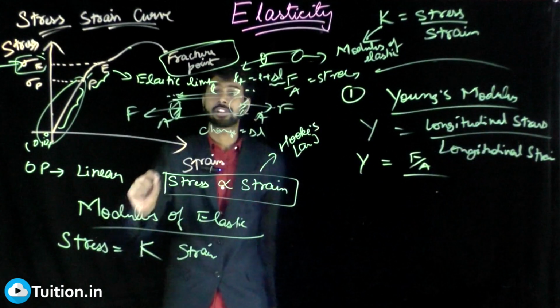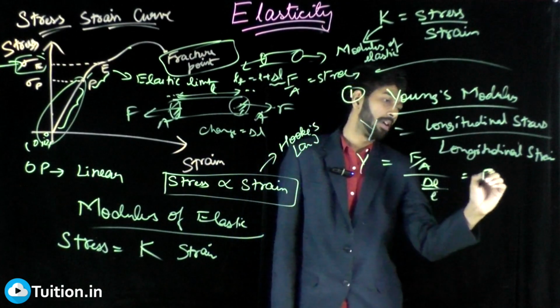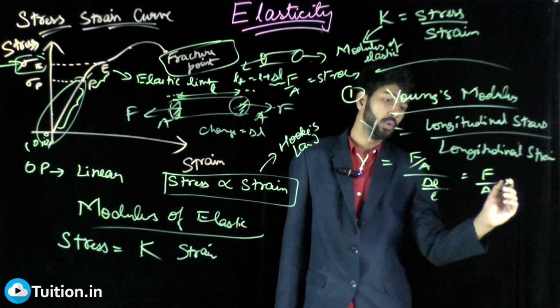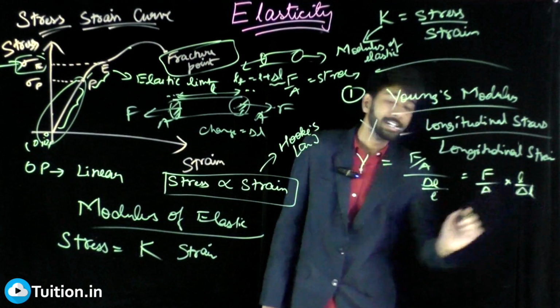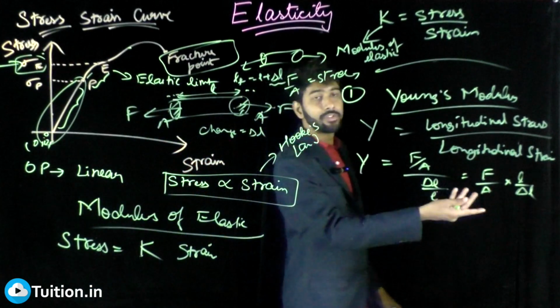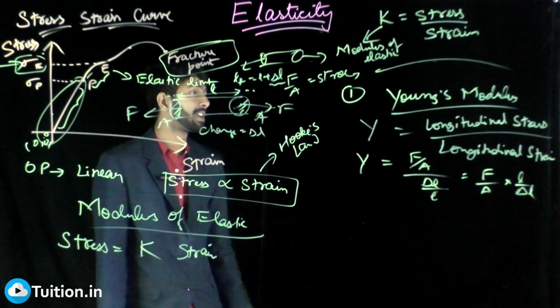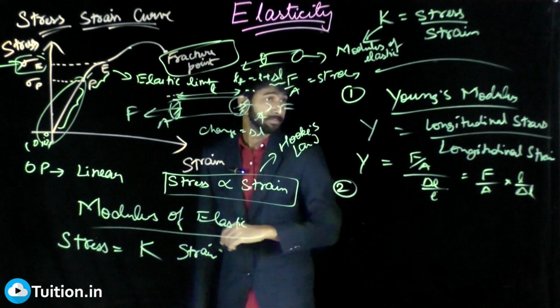And longitudinal strain is nothing but delta L by L. We already know this, we have discussed. So the formula for Young's modulus is F by A into L by delta L. And trust me, whenever they ask a question about Young's modulus, it's only using this formula, right? I don't know why it's so difficult to understand this and solve most of the problems. So that's about Young's modulus.